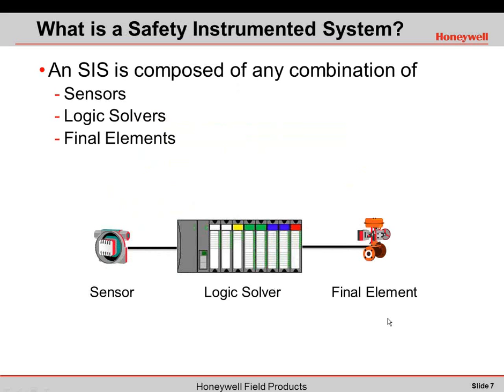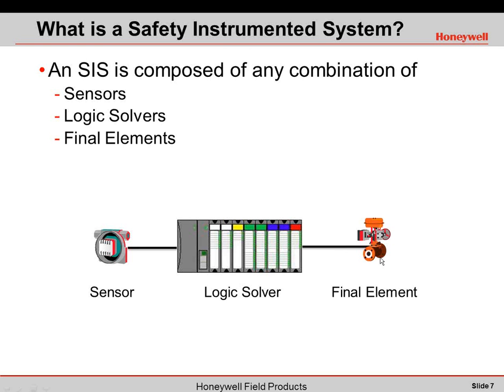So what is a safety instrumented system? Well, a safety instrumented system, or an SIS, is composed of any combination of sensors, logic solvers, and final elements. So we'd see here a sensor, a logic solver, which in this case might be an HC900, and a final element.